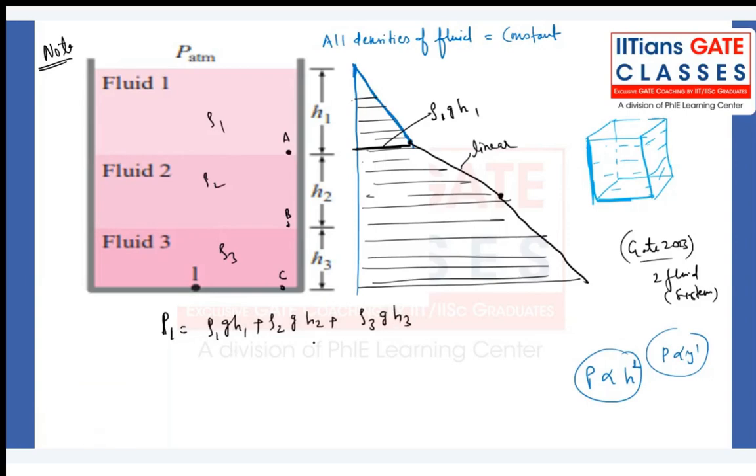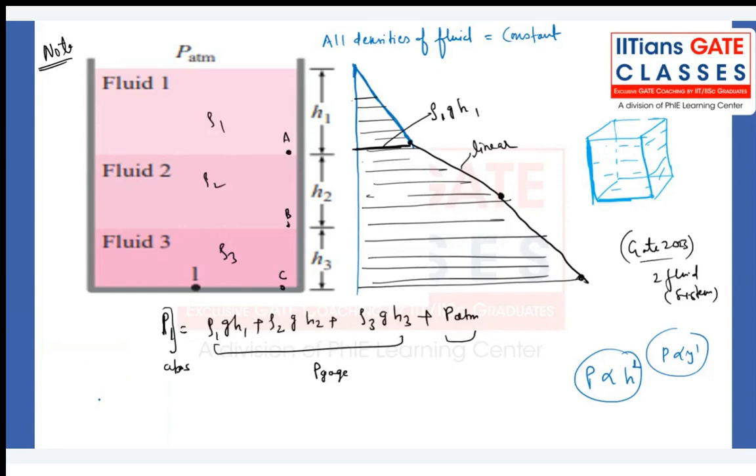Now, if I want the total, absolute pressure, definitely I need to add P atm, because this is nothing but gauge pressure. And gauge pressure plus P atm, everyone knows, is the absolute pressure. Make a note of it. Very, very important.